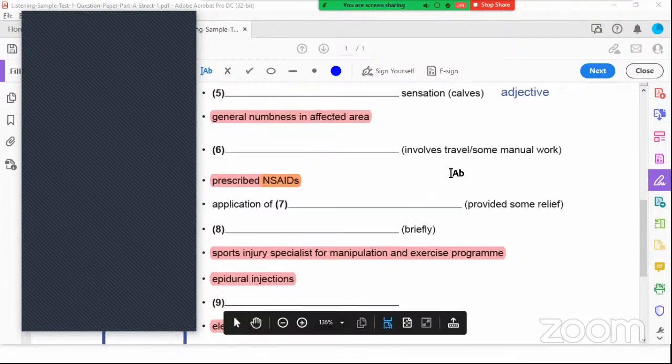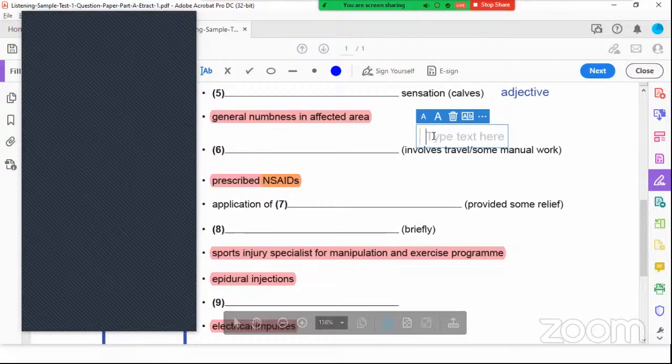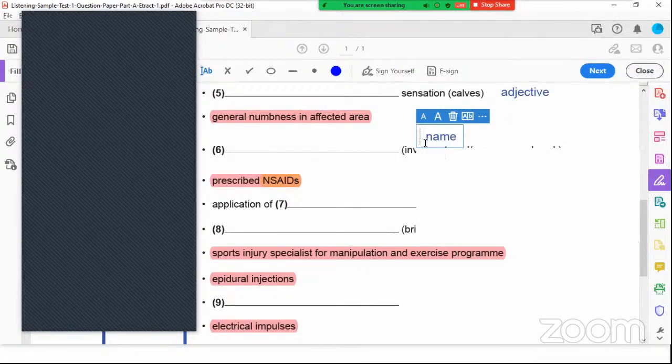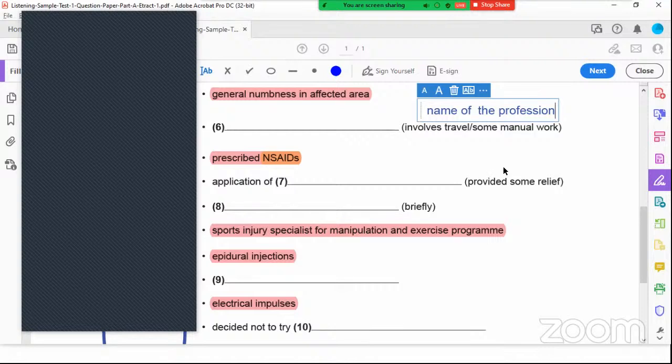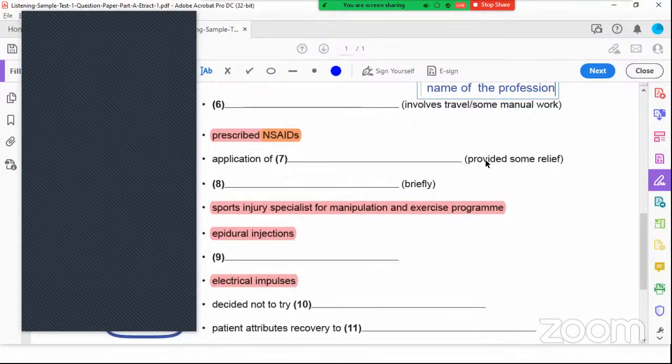Next one, we'll go to the next. Yeah, this is the name of the profession. Name is very important. I told you, name of the profession. This is what you have to activate. So next time onwards, it will be very easy if these words come in the exam. Okay, name, right.